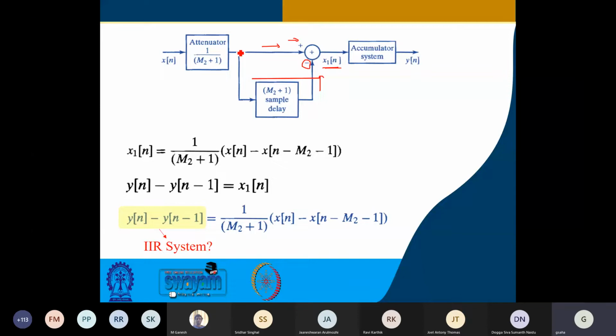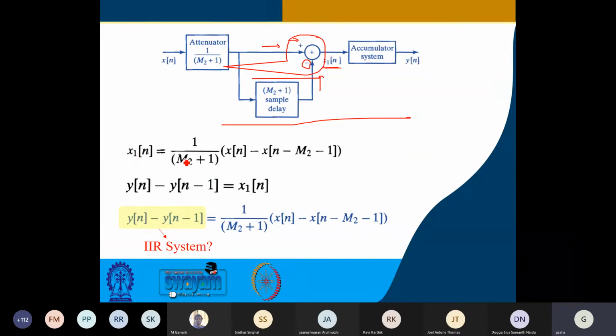It is not required at this level that you have another intermediate output here as x2[n], which is just 1 upon M2 plus 1. We are avoiding that, but you should show this part as a distinct step. You should not combine everything and come up with the final result. It should show step by step.